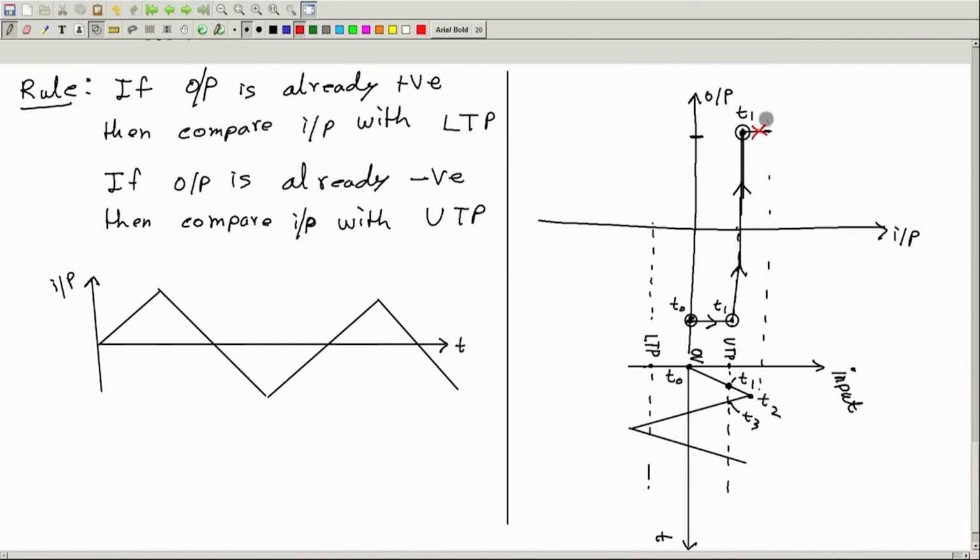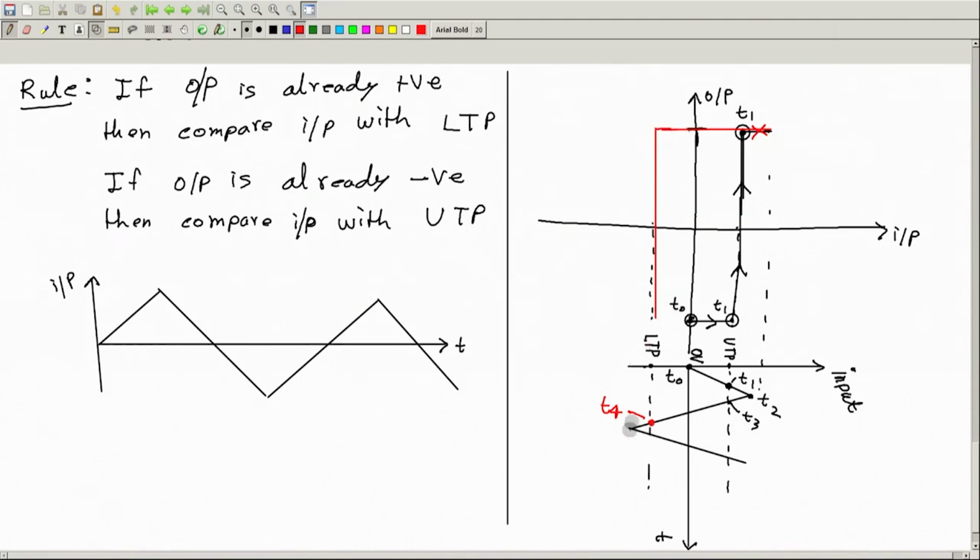So now I will move like this, and the input will come to this point, call this T4. At time T4, when the input goes below the lower trigger point, the output will become negative again.